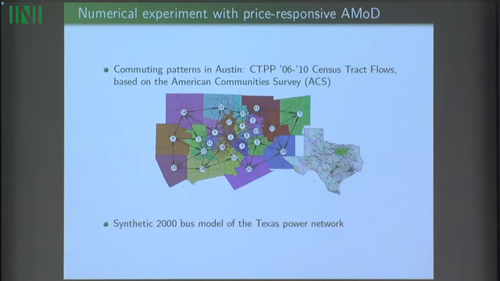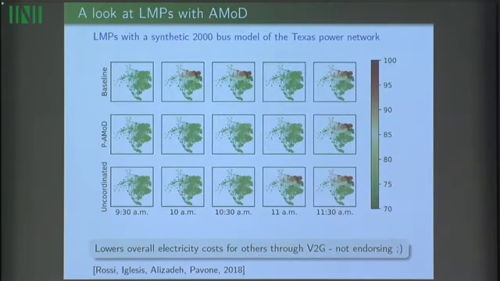So 20% of the commute patterns in the city of Austin, and we're going to couple it with a 2,000 bus model of the Texas Power Network, which is synthetic. And we're going to look at the LMPs. The first row is showing you the LMPs in the baseline case that we have created. That is the LMPs with just no electric vehicles, right?